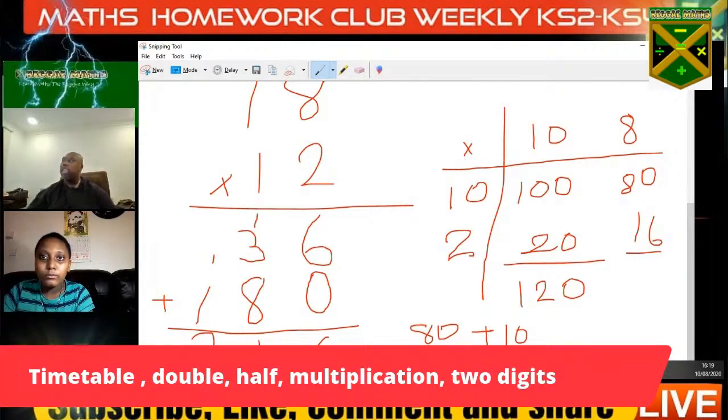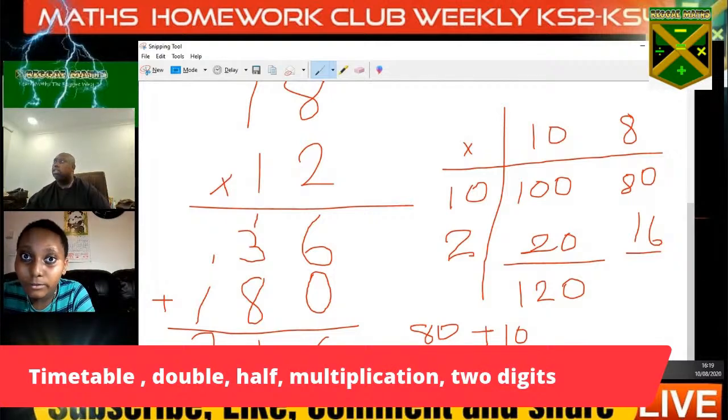No, no, Denzel. Okay, look at this. What is 8 plus 1? Focus. 9. Let's go back again. What's 80 plus 10? 90. Thank you very much.